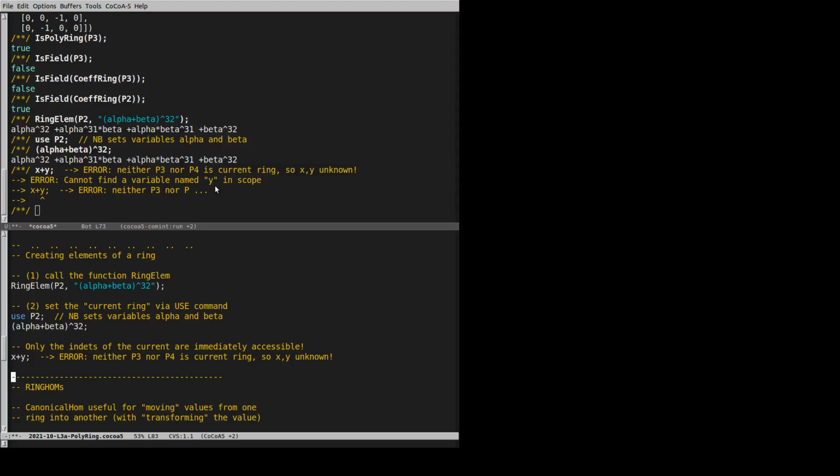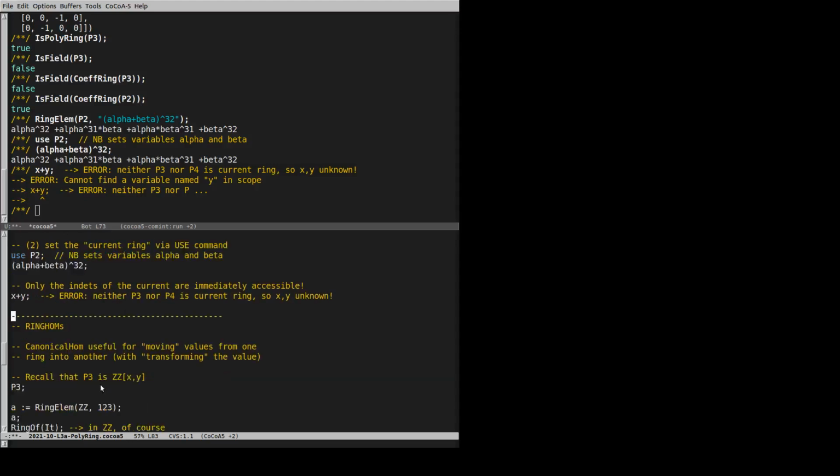So y has no value, and it complains. Because we've not chosen P3 or P4 as the current ring, and CoCoA couldn't guess which one we might want. So it doesn't attempt to guess. You have to say explicitly what you want.